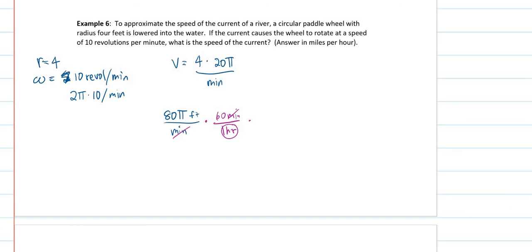And we know that there are 5,280 feet in 1 mile, so we've now converted to miles. All right, so multiply across the top, 80 pi times 60, divide by 5,280 feet, and you should get 2.856 miles per hour.